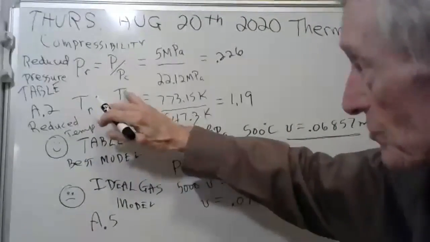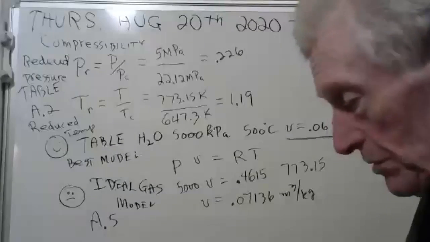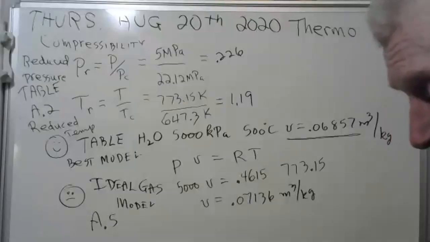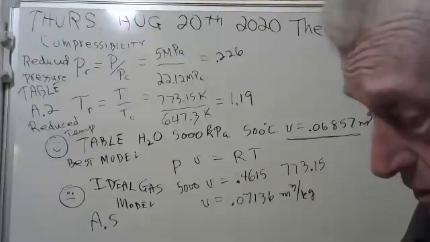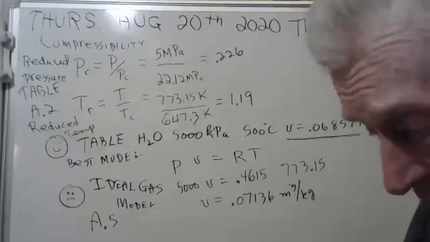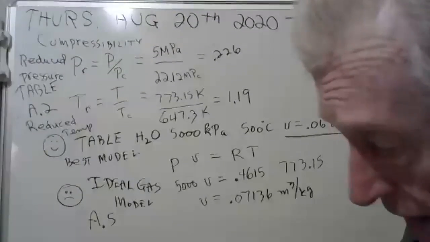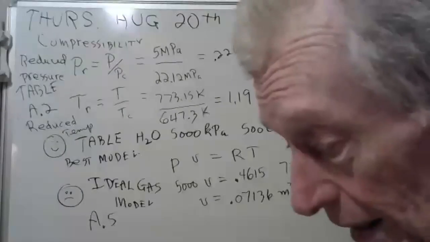And this is your actual temperature, and this is your critical temperature. Let me just tell you what those critical things are. We're going to discover that things like water and ammonia and the refrigerants can change from vapor to a mixture where you have vapor and liquid.